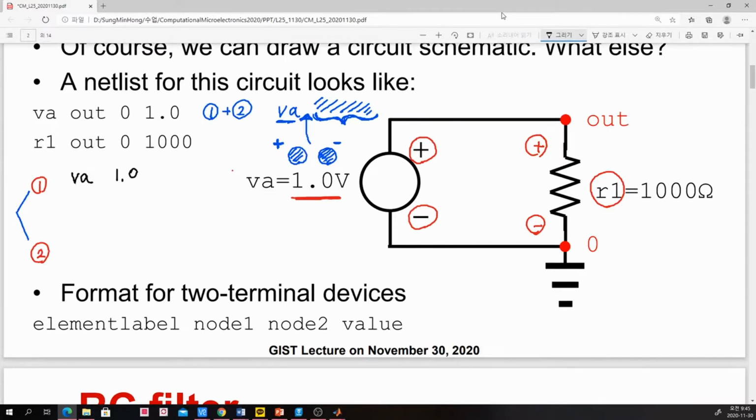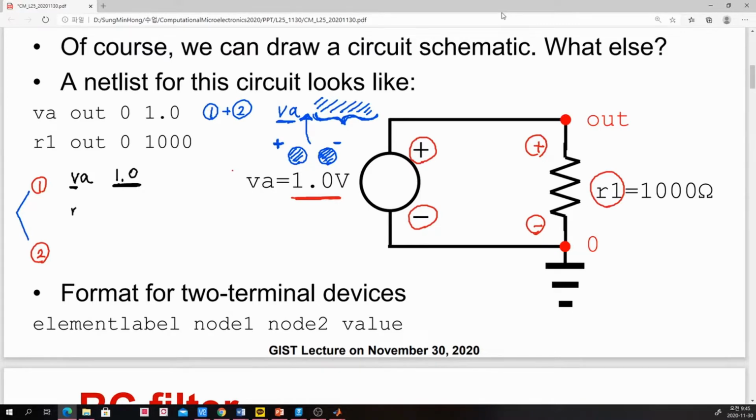Since this one starts from V, by definition, it is regarded as a voltage source. So by specifying just these two pieces of information, we say that its name is VA and its electromotive force is 1.0 volt.